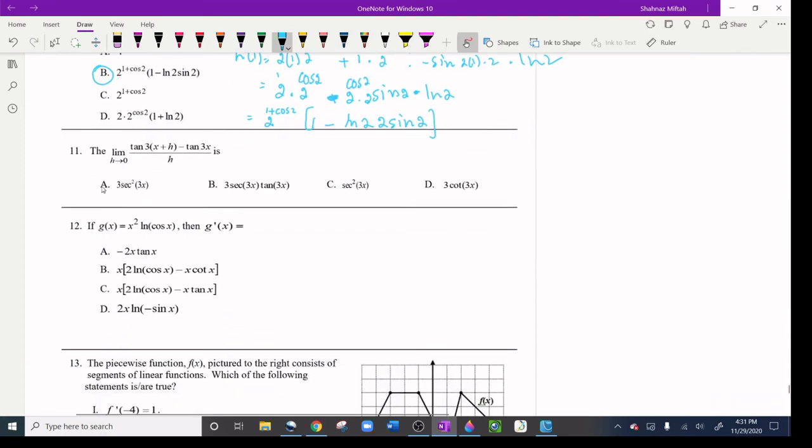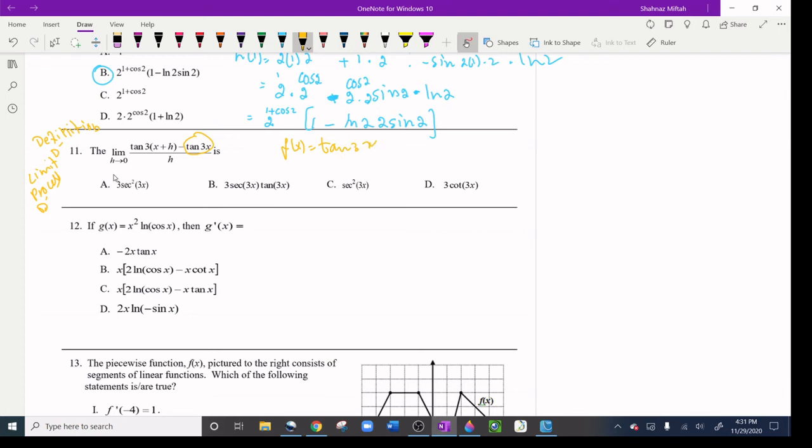Next, question number 11. For 11, since this is a definition of derivative, or limit process derivative, there is a shortcut for it that I told you guys. Pick this. That's my f of x function, tangent 3x.